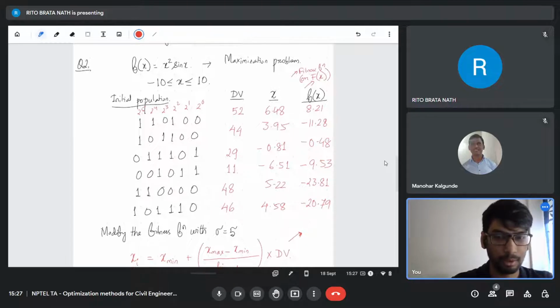The main part of this problem is you have to modify this fitness function. And this is with some sigma value of 5. So this comes directly from that discussion on multimodal functions where you don't just need to find out your global optima in some cases. Probably you want to keep those local optima in your solution, or you may be wanting to find out all the solutions in your functions.